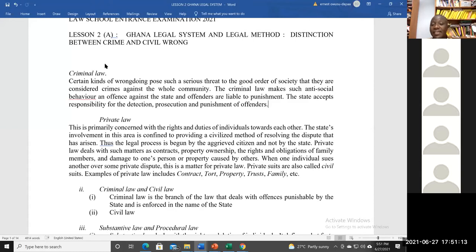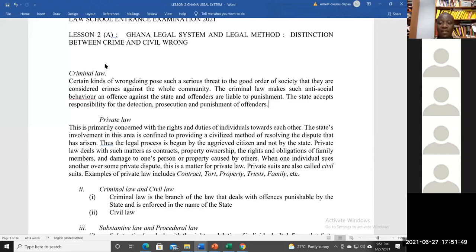By public law, we are referring to all those aspects of national law which either set up the state and the various organs of the state, and then define the relationship between the state and the citizenry. As examples of public law: constitutional law, criminal law, administrative law, environmental law. All these are public law examples.